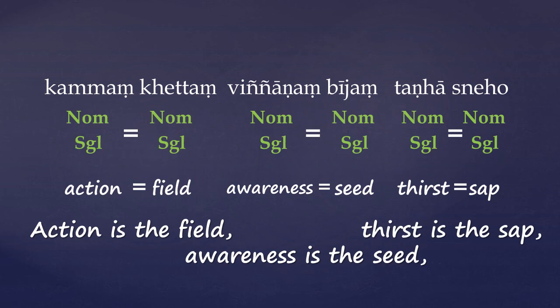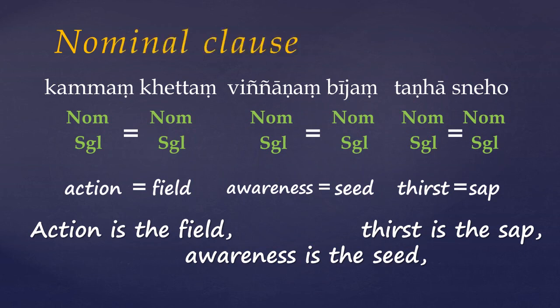This type of construction is sometimes referred to as a nominal sentence, nominal meaning that it's composed of nouns and that there are no verbs. Now this only happens in Pali when the verb is a form of to be, and in the present tense that is, and also only when nouns are in nominative case.